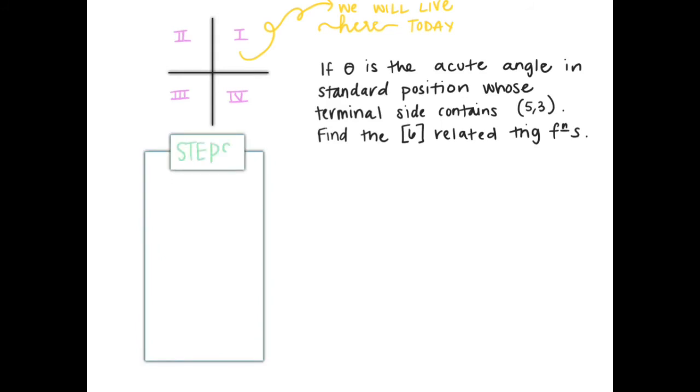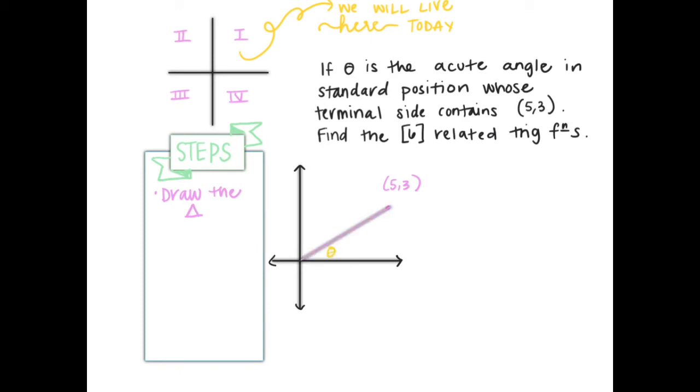In this particular problem, your very first step is going to be to draw the triangle. So I'm going to have my Cartesian plane here in a second, and I'm going to put the point (5,3) in my Cartesian plane. So here's my x and y coordinate, here's (5,3). From here, I'm going to need to draw my triangle. Theta is going to belong right there. From here, we need to determine all of the side lengths.